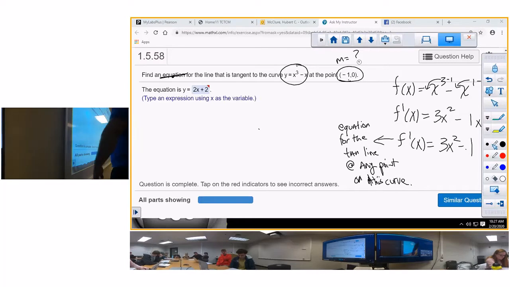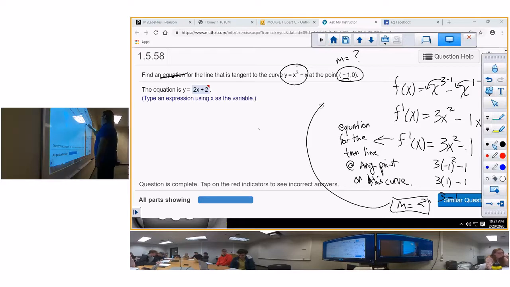Now you plug in -1. 3 times -1 squared minus 1. -1 squared is 1 times 3 is 3. What's 3 minus 1? 2. So that's your slope at this point. Everybody with me? That's the slope at that point.